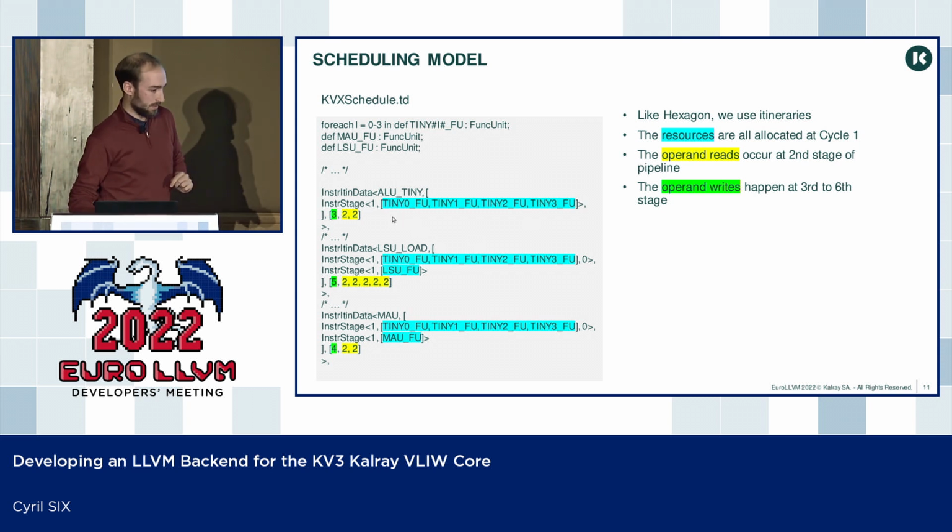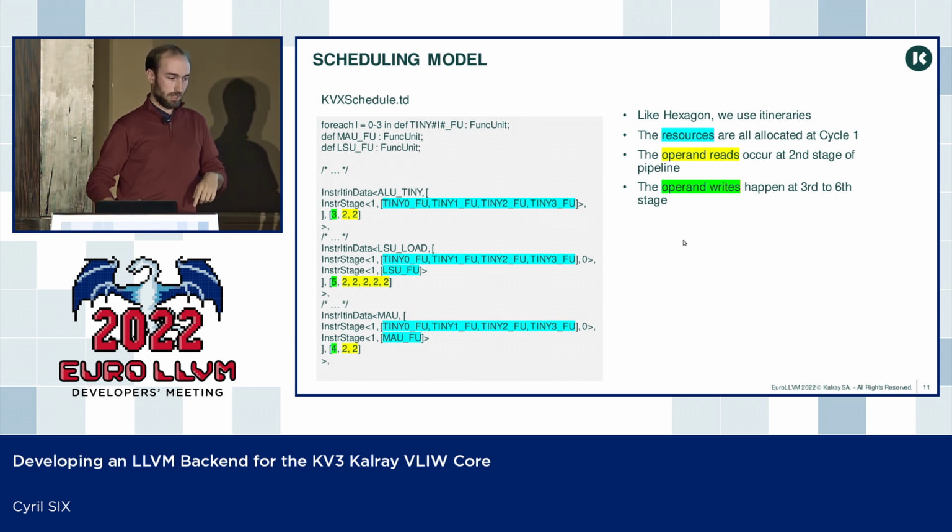So that's here. I mentioned that I had 4 tiny ALU. Here this says at the first cycle, take 1 element of a tiny ALU, as you see here. And then we've got the operand read and the operand write, so we were able to express that in the per operand model of the itineraries.